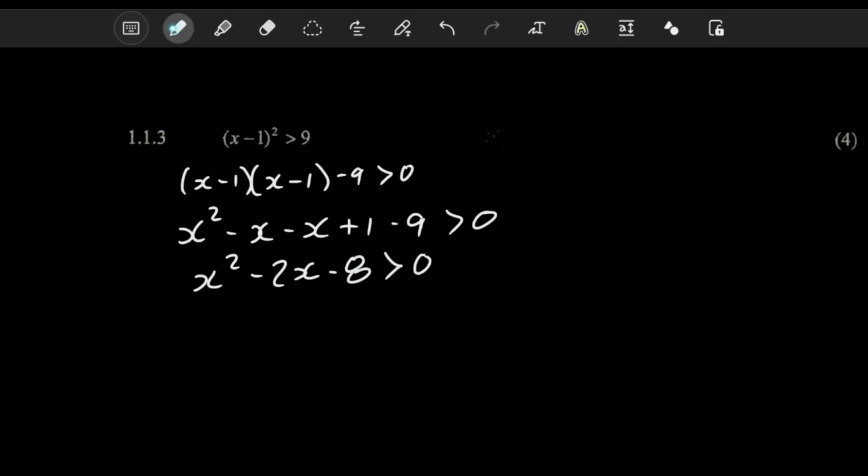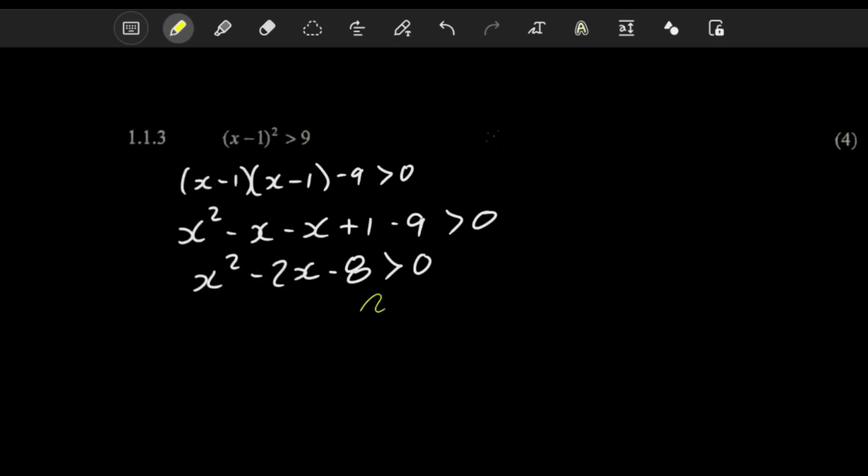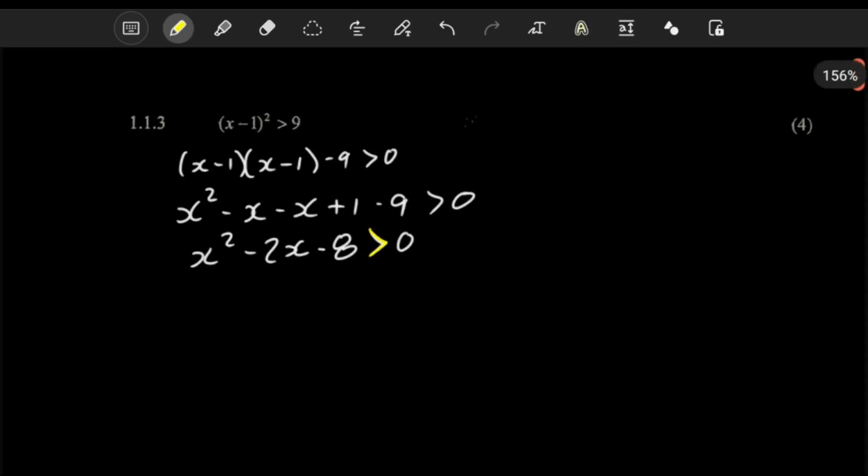So all we need to do here is use a sketch to answer this question, because this question in particular is asking you, where is this graph bigger than 0? Now I'm about to showcase something I haven't showcased before, something I recently started using: a number line to solve this. Number line or not, before you draw a sketch to eventually solve this inequality, what you need to do is get the roots of this equation.